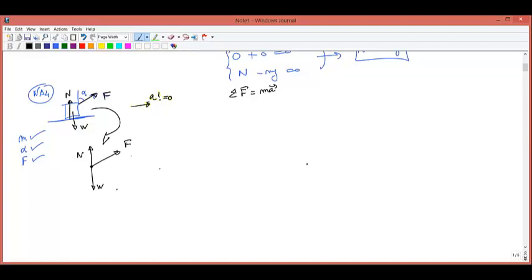Next stage. Let's pick a coordinate system. Now the big difference between the previous case and this case is the acceleration. If you have no acceleration, the trick is, as you pick your X and Y, make sure that you pick, whenever possible, either your X or your Y axis along as many forces as possible.